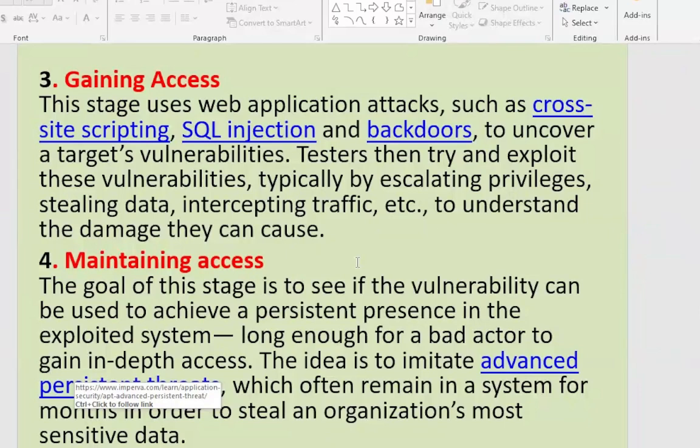Taking privileges means I will become the administrator, and once I get control, I will remove your account, simply block or lock your account, because I have the administrative privileges. These are the malicious activities done in the hacking world.